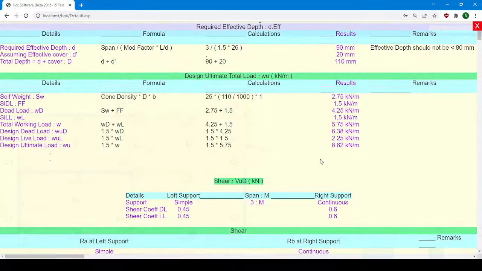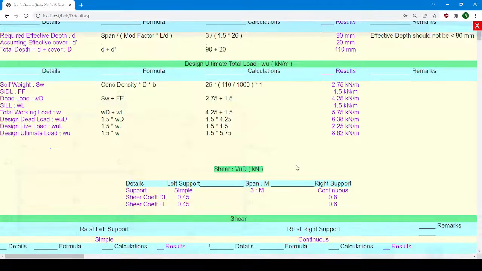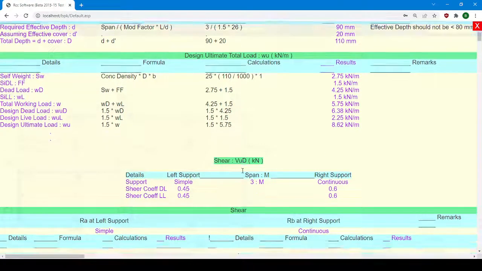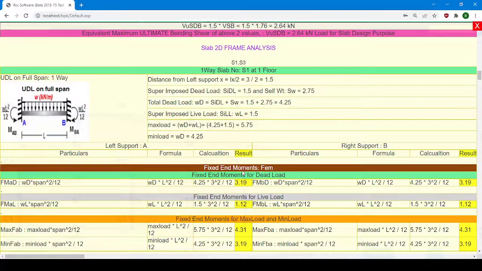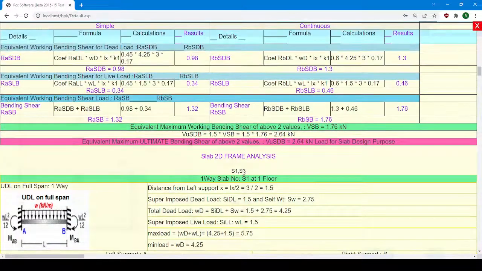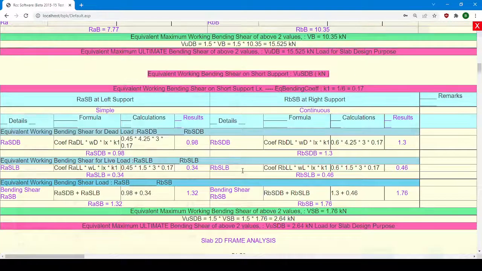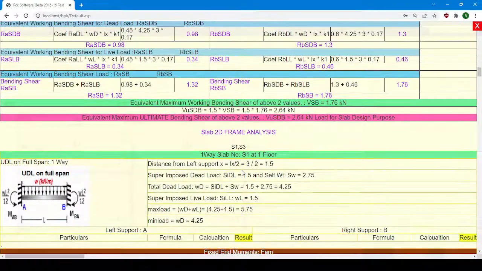From that load, we are calculating the shear, and from here we are calculating the bending moment. This calculation is self-explanatory. One can go through it and understand.